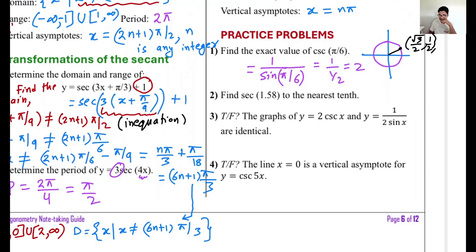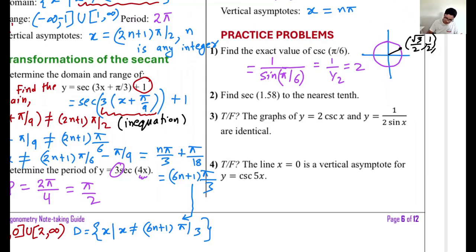Next, find the value of sec 1.58 to the nearest tenth. The reason I wanted to include this here is to talk to you about how to use the calculator. Of course, we are not going to do this by hand. 1.58 is not a standard angle. You use a calculator. Some calculators will have the sec button on it, but most do not. They will have sine, cosine, and tan only.